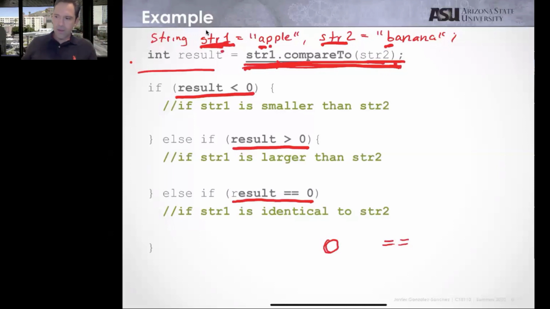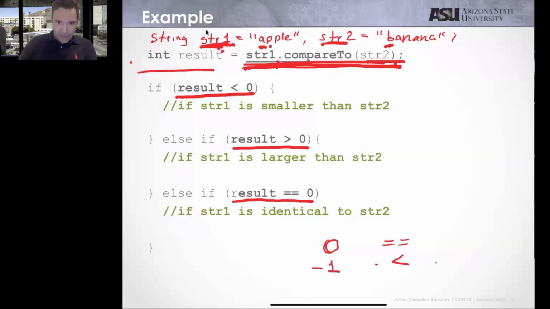The result that I am going to have there is -1, because the first one is smaller than the second one. Smaller in alphabetical order. Smaller because that string goes first in the dictionary.